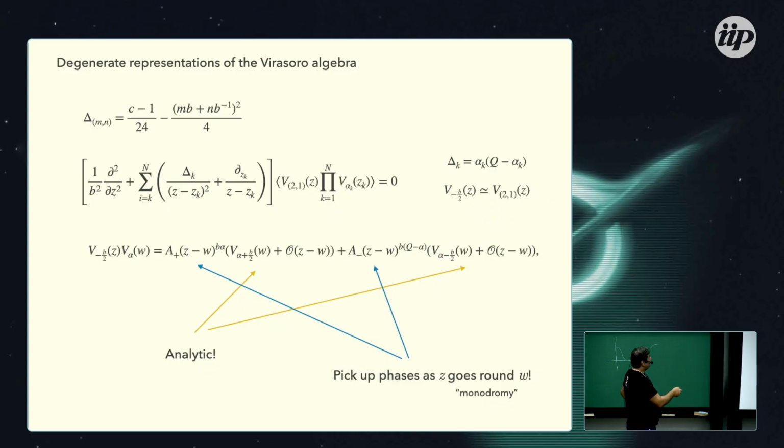And this field actually knows about monodromy because if you work out the OPE between this field and some other primary field, generically you're going to have a leading term that's non-analytic. So you see that as Z goes round W, this picks up some phase proportional to alpha.